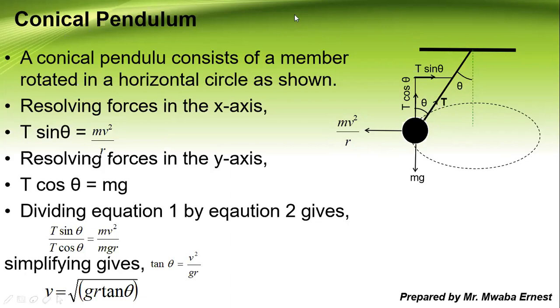Let me just illustrate it very quickly so you see where these angles are coming from. If you look at your SOHCAHTOA, you have this. Your vertical axis. And then you have another member there, which is representing this member here.